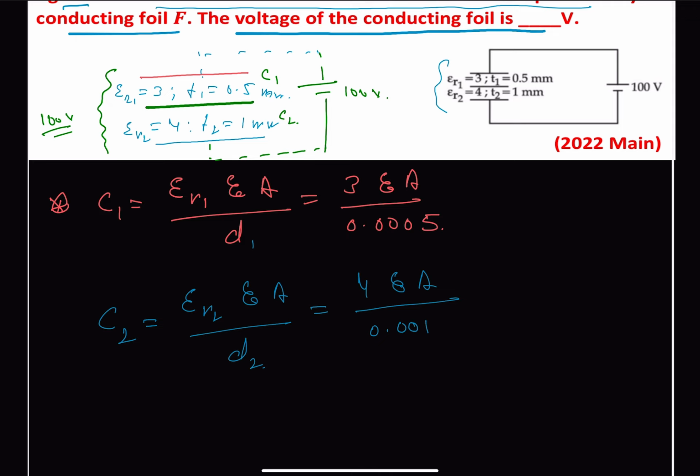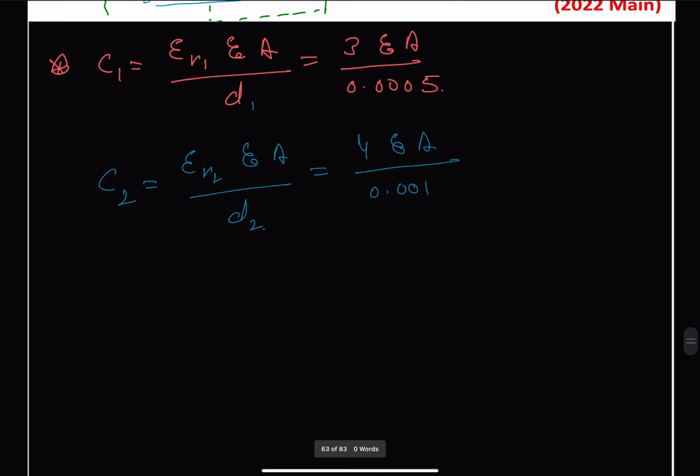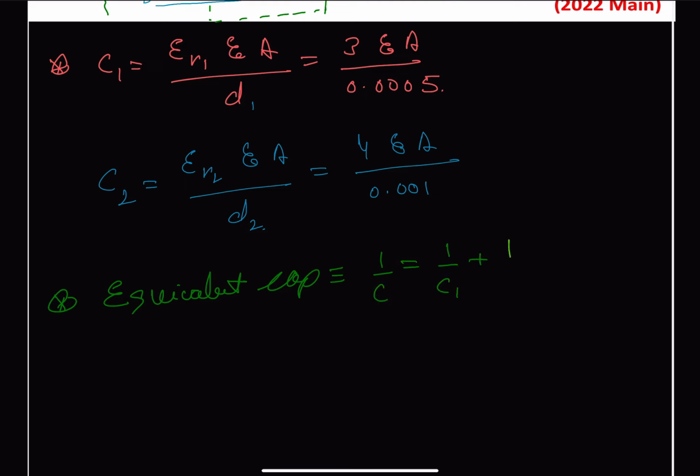Now we can easily find out the equivalent capacitance. Equivalent capacitance: 1 upon C is equal to 1 upon C1 plus 1 upon C2, and we substitute the values of C1 and C2.